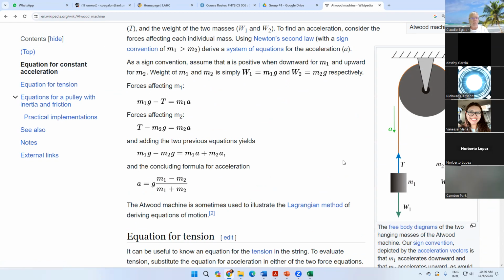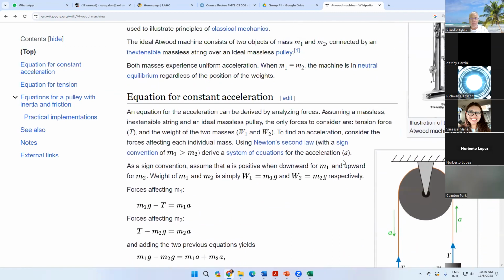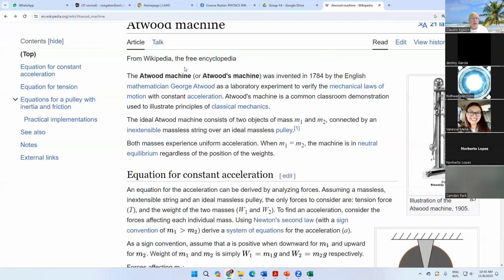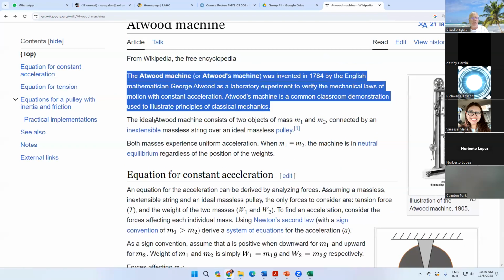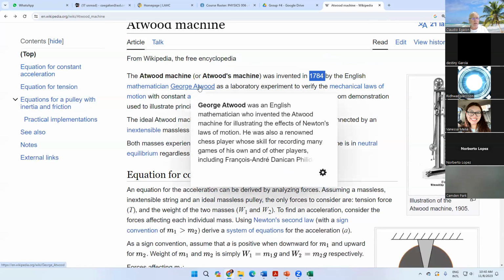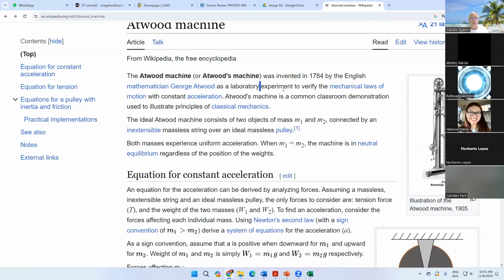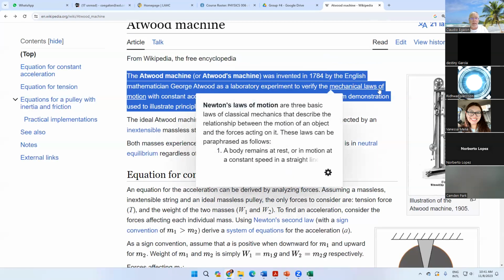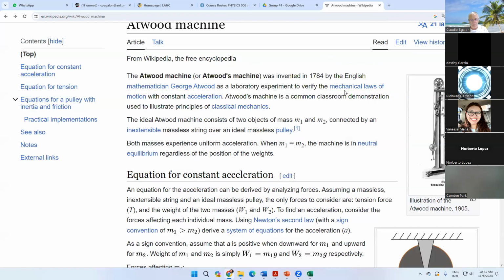If you look at Wikipedia, you're going to see something like that. The Atwood machine was invented in 1784. It's a very simple device, right? By the English mathematician George Atwood as a laboratory experiment to verify the mechanical laws of motion, Newton's second law.